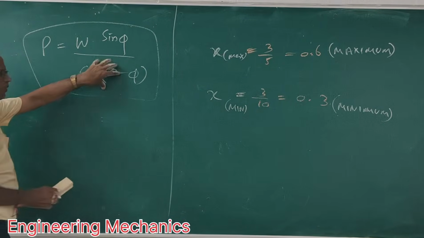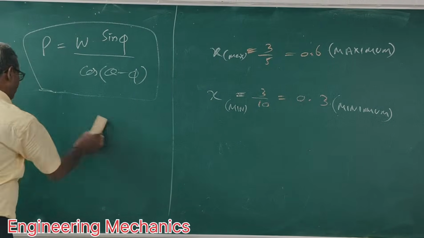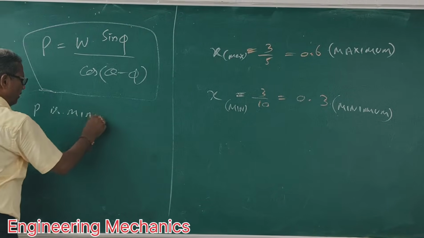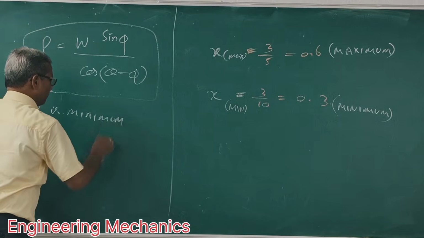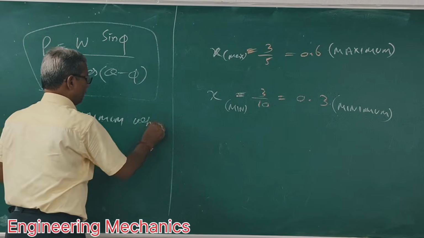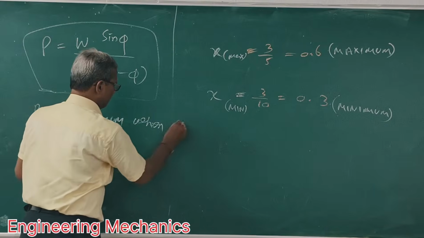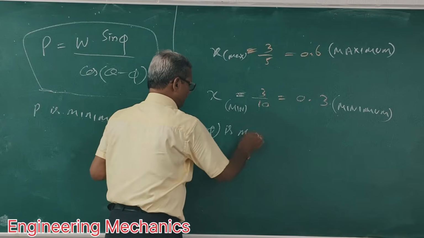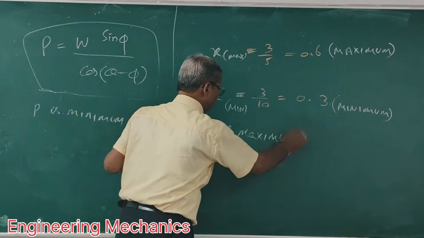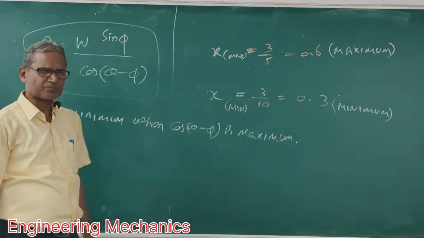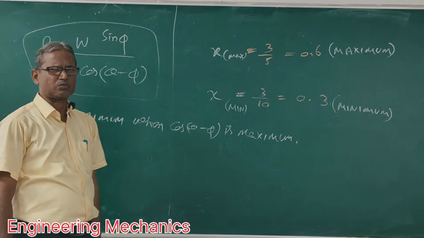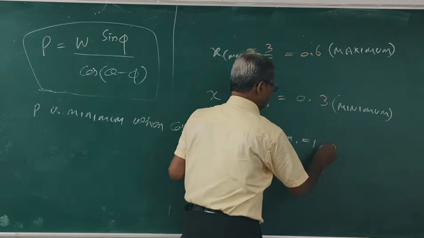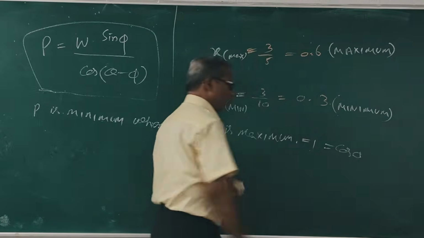Here, P is minimum when cos of theta minus phi is maximum. What is the maximum value of cos? 1.